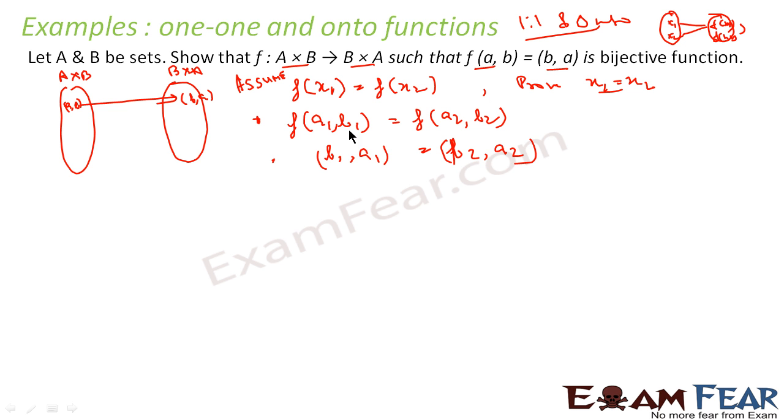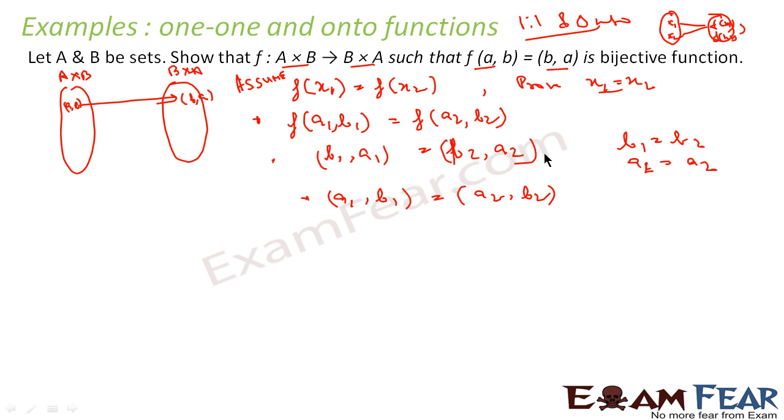Because f of (a, b) is (b, a), with this I can say that b1 is equal to b2 and a1 is equal to a2, if you compare these two. Now to prove that this is one-one, we have to prove that (a1, b1) is equal to (a2, b2). Since a1 is equal to a2 and b1 is equal to b2, we can say that (a1, b1) is equal to (a2, b2).